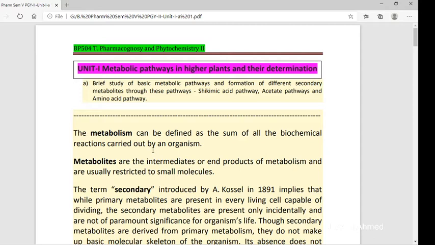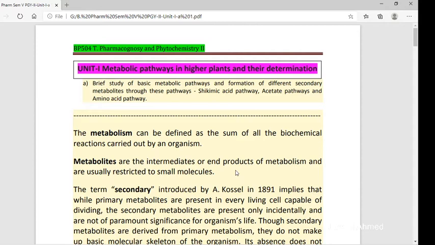There are 2 types of metabolites. What are those? Number 1, primary metabolites, and second one is secondary metabolites. First we should know the metabolites.